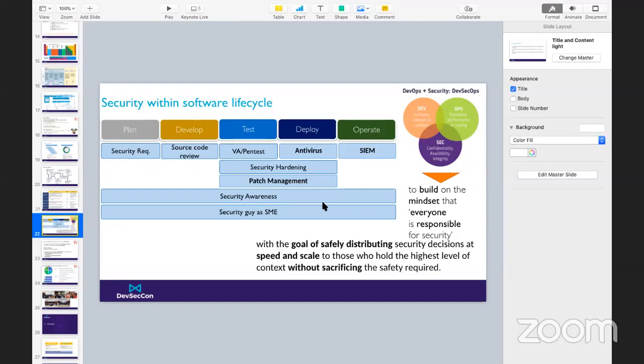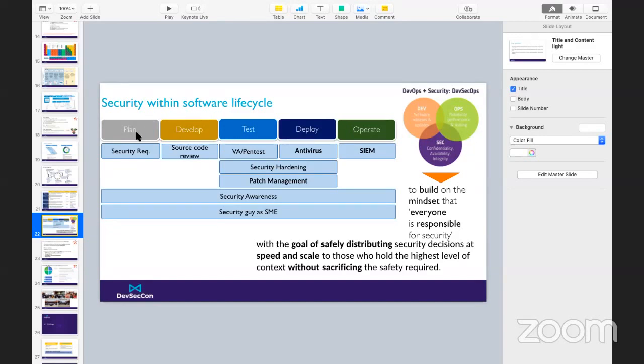The idea is a tool built on the mindset that everyone is responsible for security, with the goal of safely distributing security decisions at speed and scale to those who hold the highest level of context without sacrificing the safety required. So we also put security within the software lifecycle.